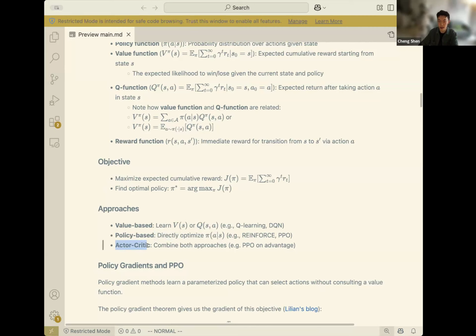It's called actor-critic. If you are from CS236, this is a little bit similar to the GAN structure, the generative adversarial network, where we have a policy that generates the action, and also a critic, which in this case would be the value function, to judge whether the action is good or not, and they are trained altogether at the same time.